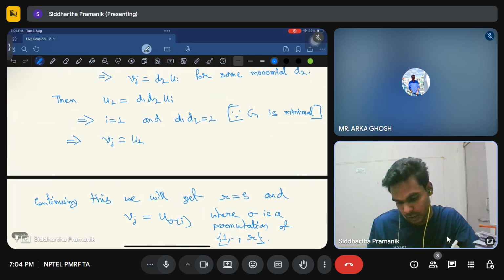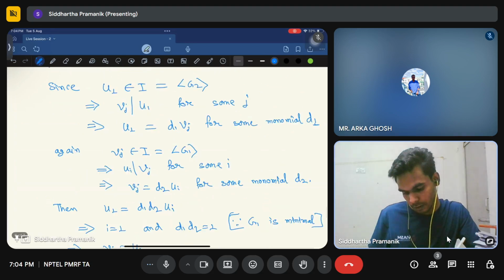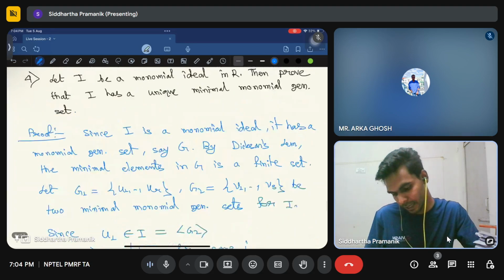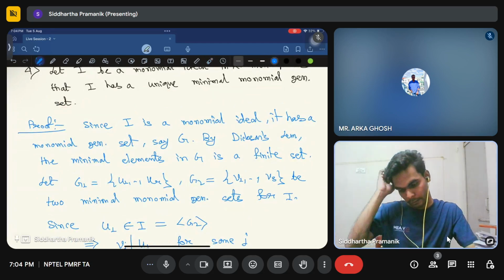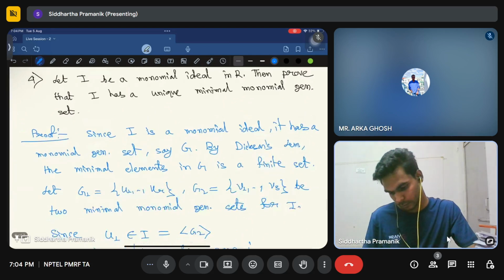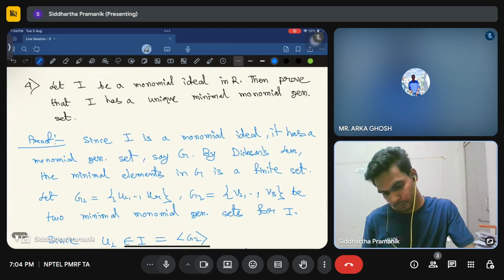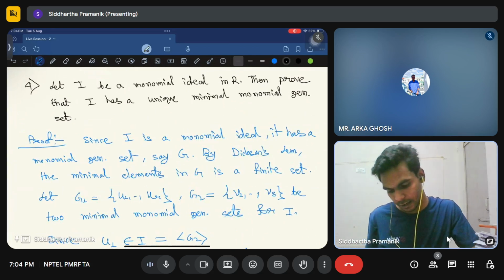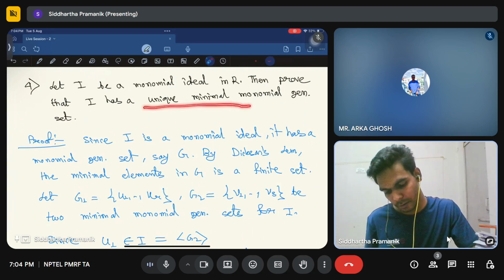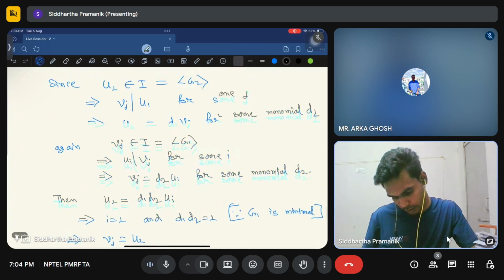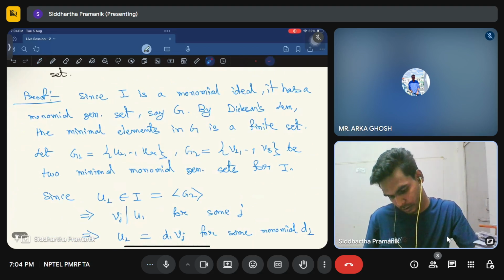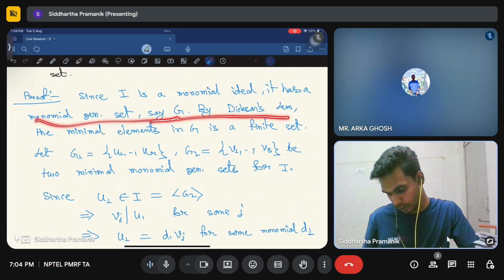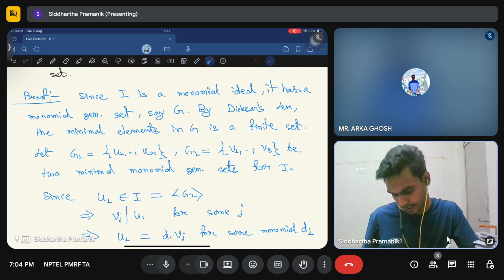So this proves the uniqueness of the minimal monomial generating set. Every monomial ideal has a unique minimal monomial generating set. This is a consequence of Dickson's lemma, which we used in the beginning to get the finiteness of the monomial generating set.